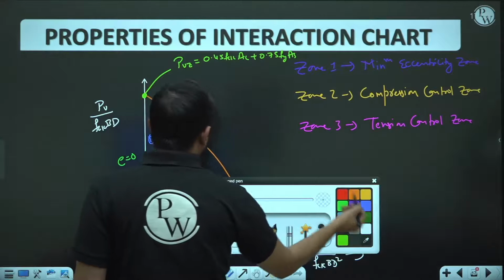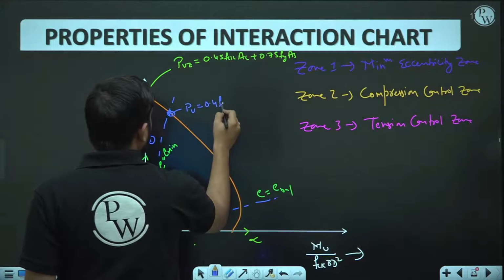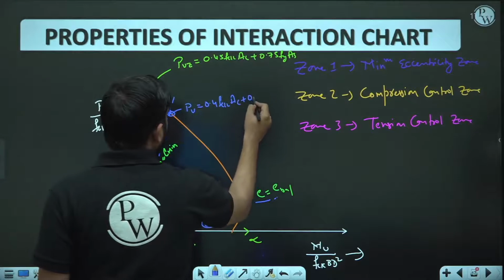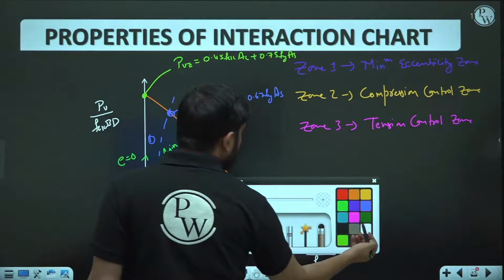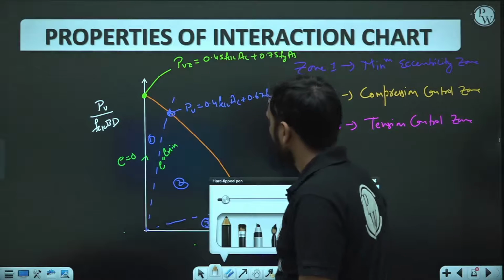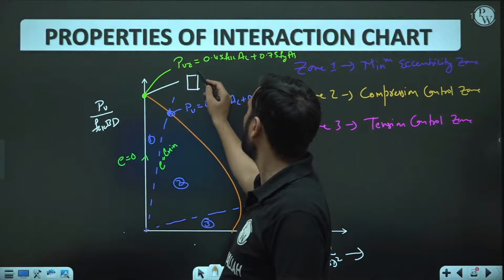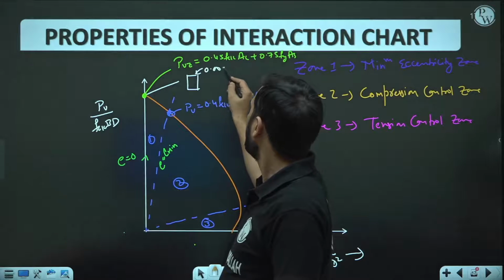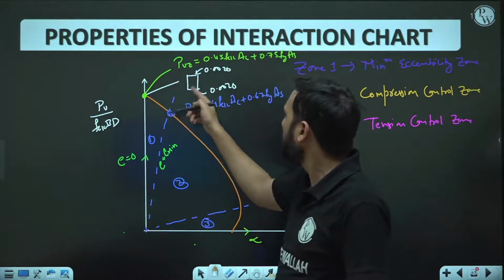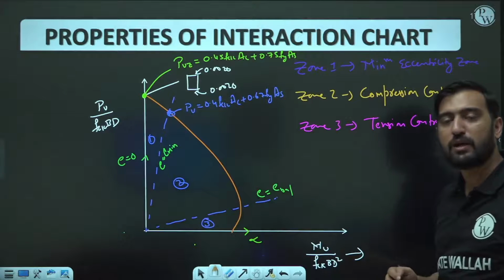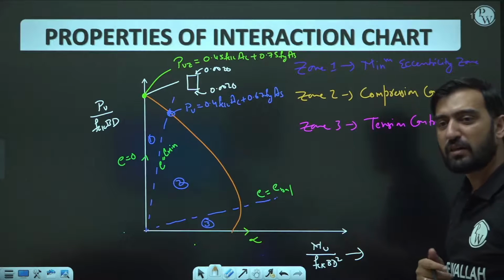This point corresponds to your PU, which is 0.4 FCK AC plus 0.67 FY AS. Here the strain is perfectly 0.0020, here as well, with very minor variation. On one side it is slightly more than 0.0020, and on the bottom slightly less than 0.0020.